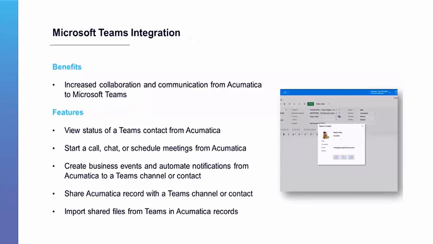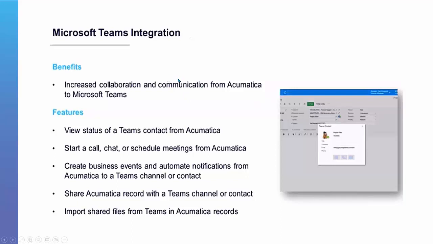It's on the enable/disable screen, but once you enable Teams integration, when you mouse over an owner of a record, you have the ability to see that person's Teams, or to Teams them directly from Acumatica.